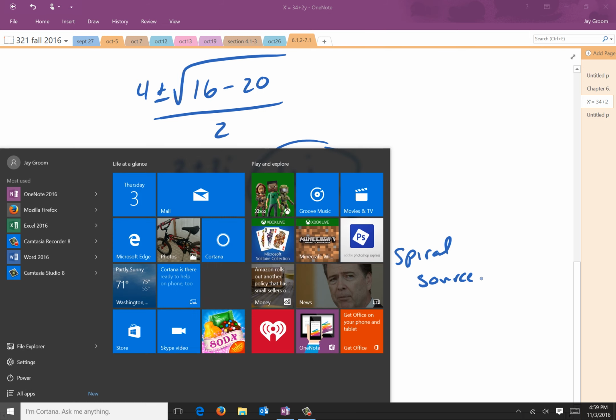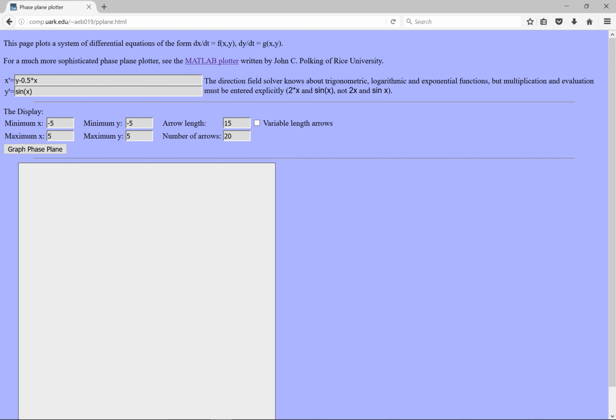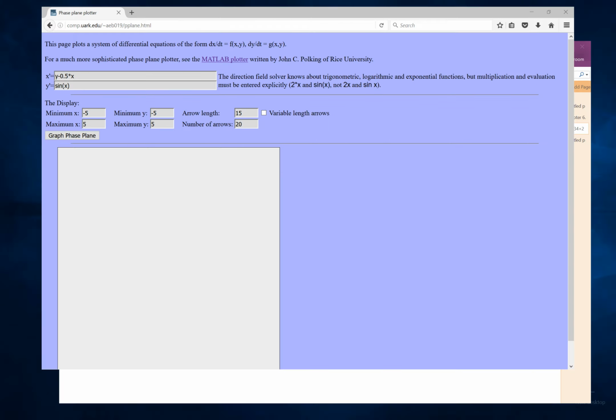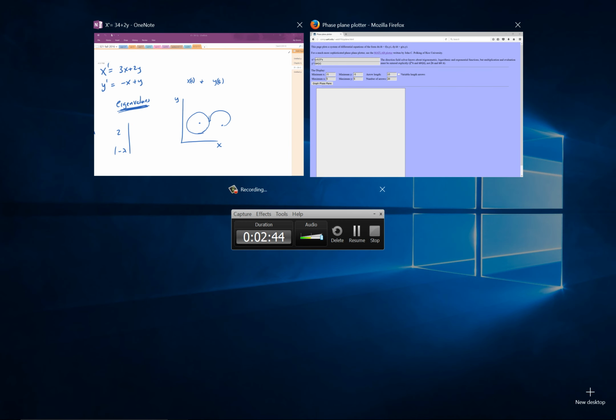Now, I'm going to pause you for a second while I pull up a new phase plane plotter. So it's this one here. Found this one. It actually is not too bad, I don't think. And so my function was, I forget, hang on, x prime was negative 3x plus 2y.